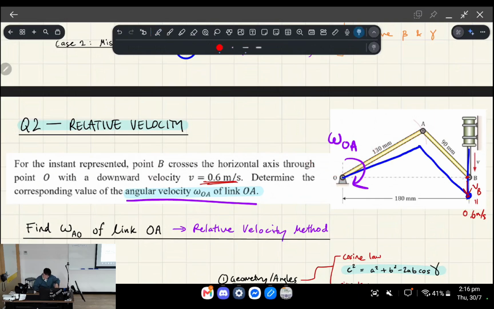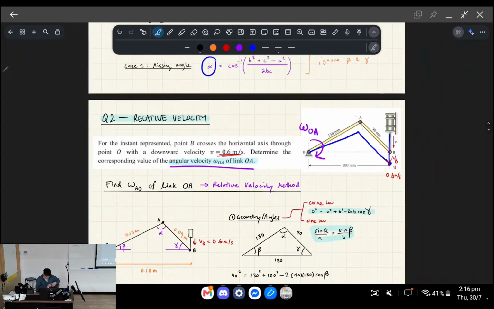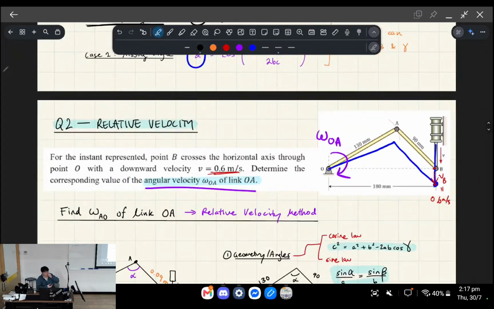In this particular question, the input is VB, the downwards velocity of point B, and the output we want to solve for is omega, the rotation about O. In the next question, you'll see it's flipped: we're told the velocity at O, and we're solving for the linear velocity on the other side.